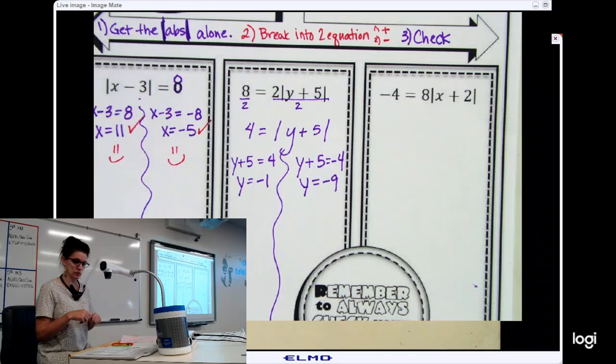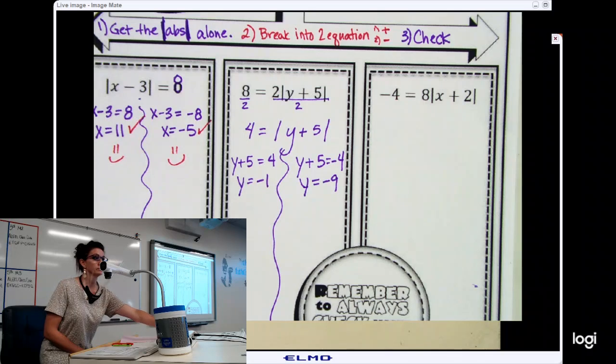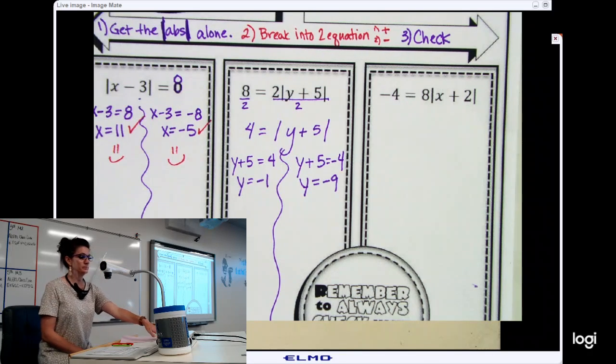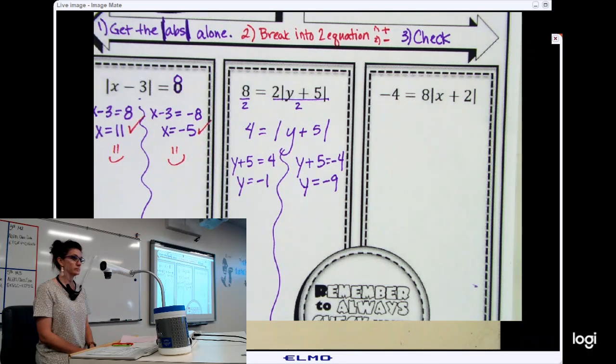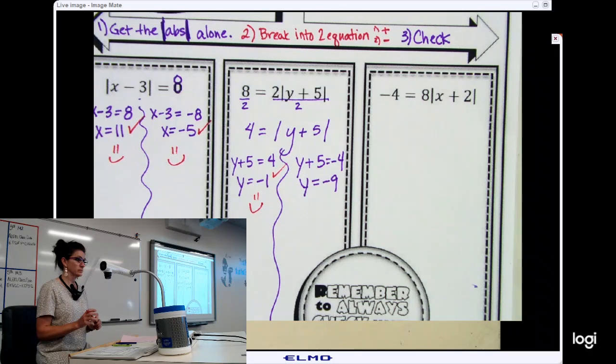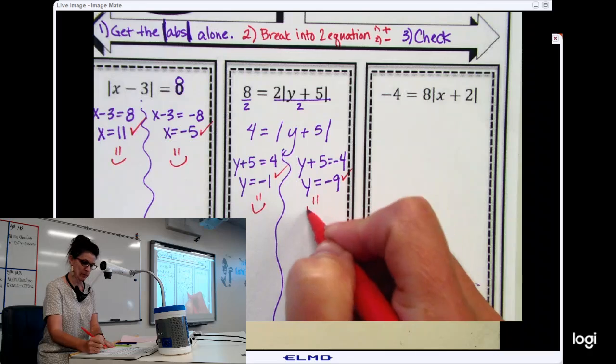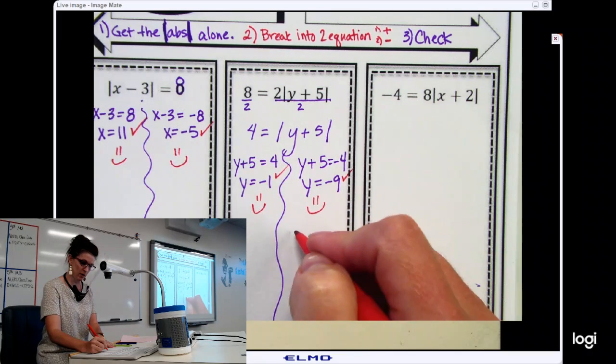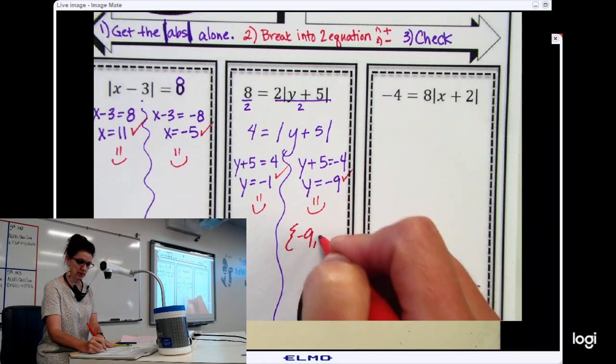And Jaden, will you check -9? Let us know if they work. You can just shout it out when you know. Yep. Okay, that one checked. Yep, and that one works too. So our answers there are -9 and -1.